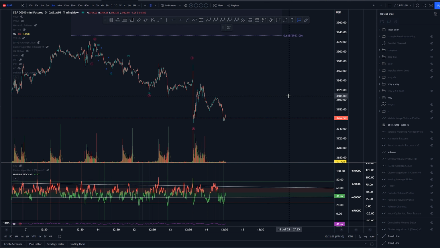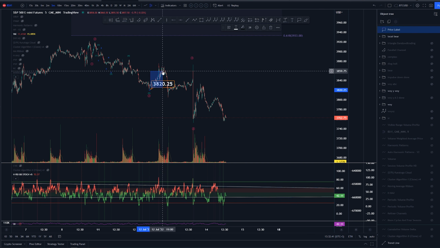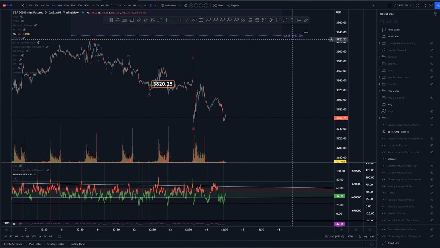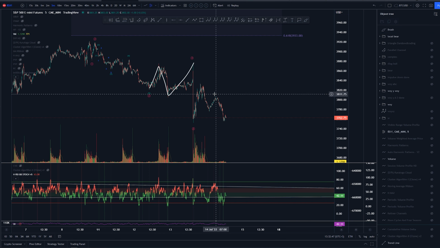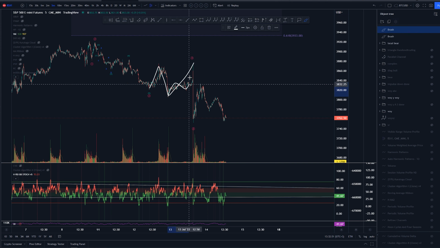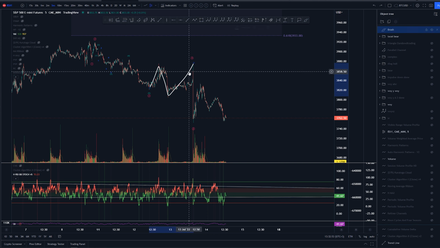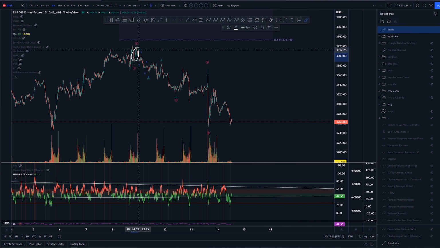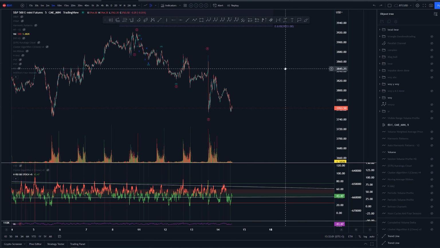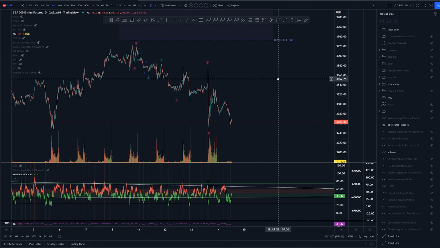I think this is the only way. A massive wave 4. Something like this. But I can't really get a good looking structure in here. Something like this, maybe. But yeah, I don't like it. The wave 4 is so much out of proportion compared to wave 2 here. I just don't have anything here.